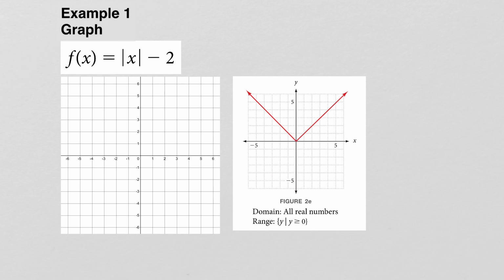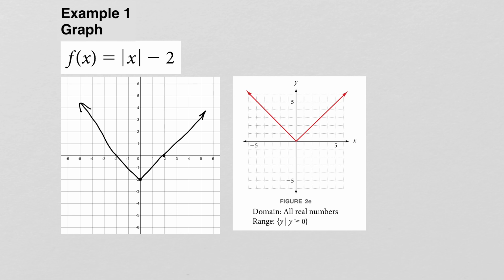Okay, what does this graph look like? Well, we're subtracting 2 outside of the function, so we should know that it's going to take this graph and move it down 2 units. So if we move every point on this graph down 2 units, the resulting graph will look something like this.